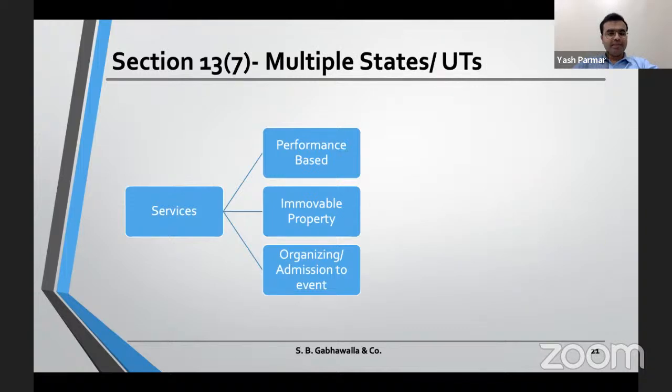We'll go to the next subsection, which is similar to the previous one. Again, it deals with services of exceptional nature: performance-based services, immovable property, and organization and admission to an event.